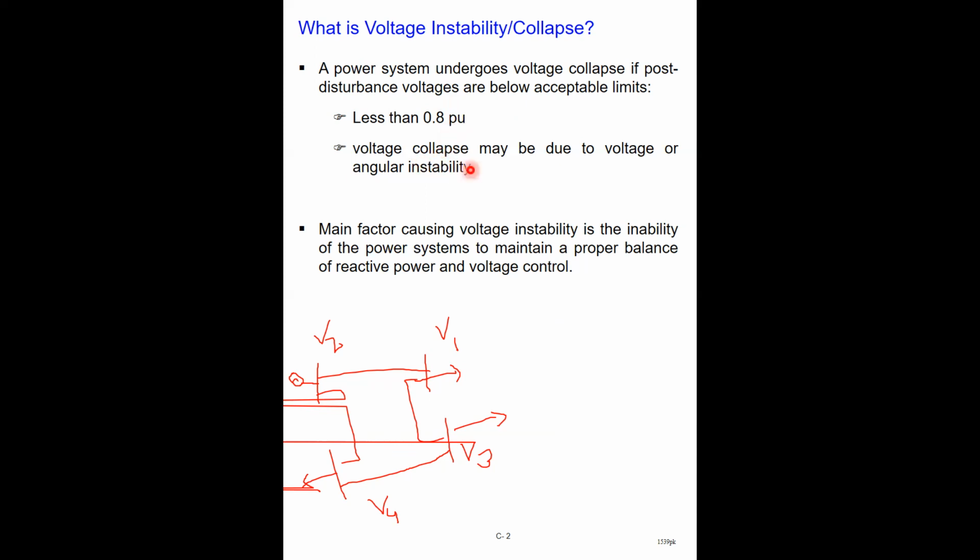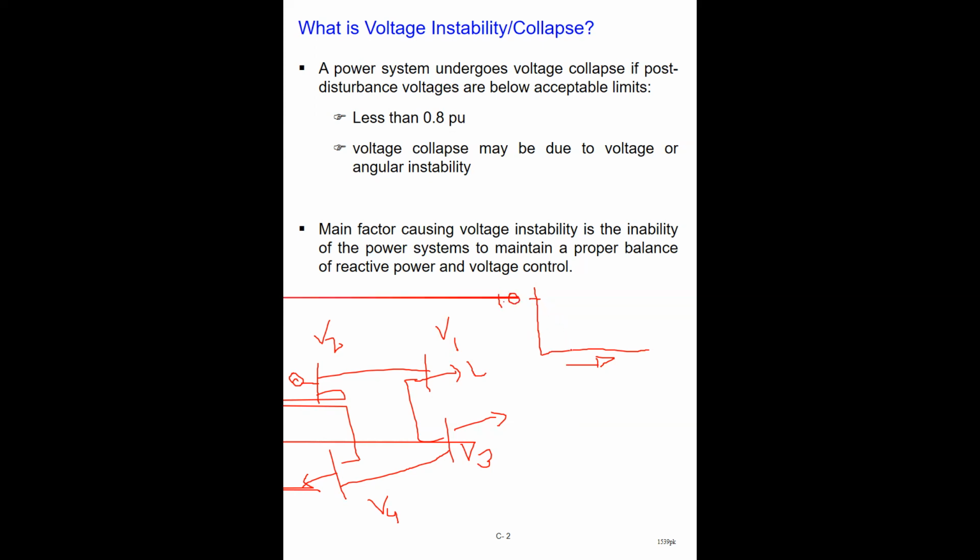And then one more point: if the voltage drop at this bus network takes place, I will discuss it later on. Let's say this is a load here, and the power drawn by the load keeps on increasing. Here the voltage should be 1 per unit.